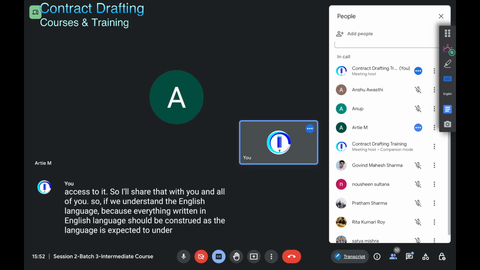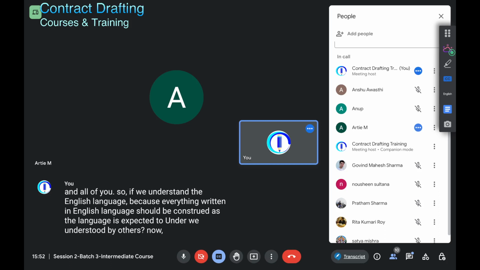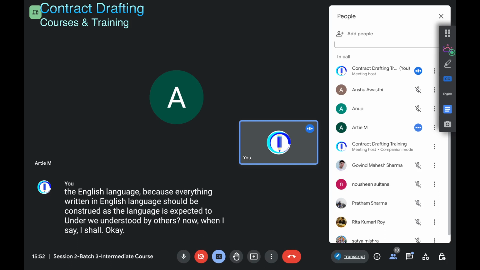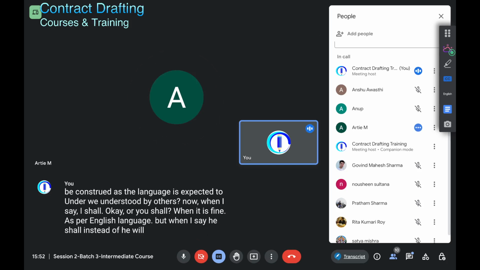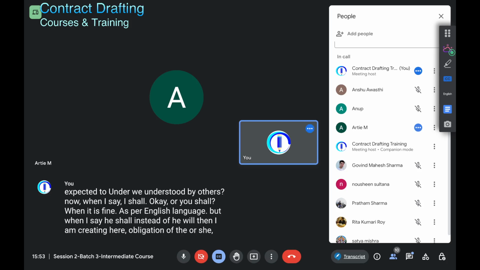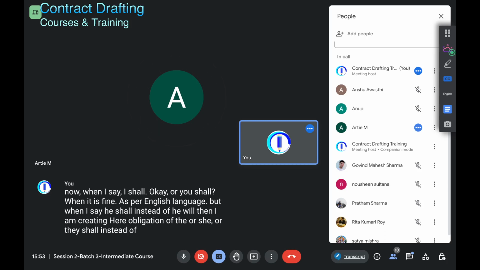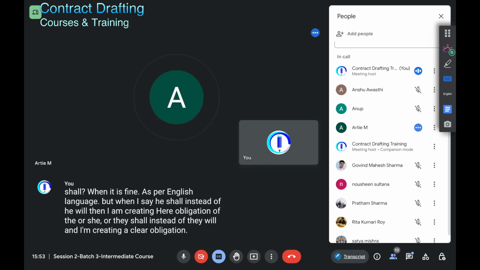Now, when I say "I shall" or "you shall", then it is fine as per the English language. But when I say "he shall" instead of "he will", then I am creating a clear obligation on he or she, or "they shall" instead of "they will". Sometimes we can use clever wordings.